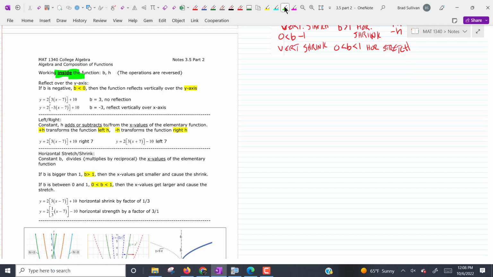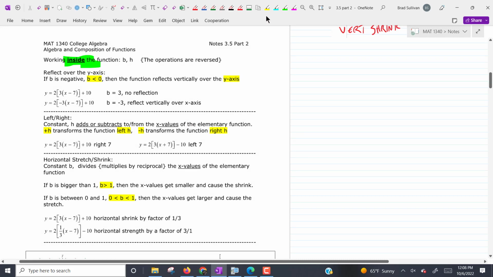Again, there are 3 things that can happen. First of all, if there's a number inside the function, and let me zoom in so I can show you what I'm talking about, I'm focusing on this number right there. That's inside the function. The one that has a negative causes you to reflect over the y-axis. So you're inside the function, it's x that's changing.